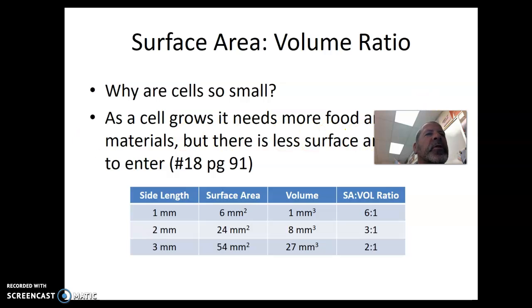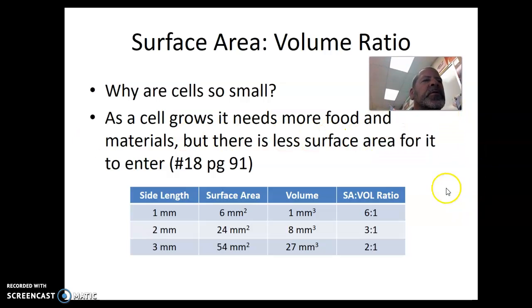Another factor that we think about when we study cells is something called the surface area to volume ratio. If cells are too big, needed materials like potassium, sodium, chlorine ions, whatever the cell needs, are not able to penetrate all the way through to the center of the cell.